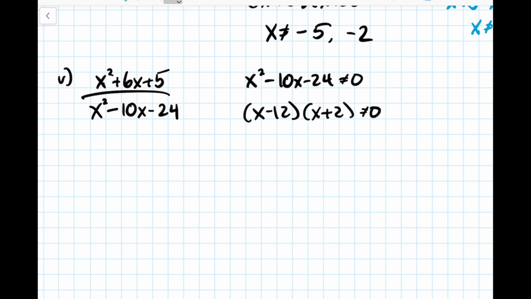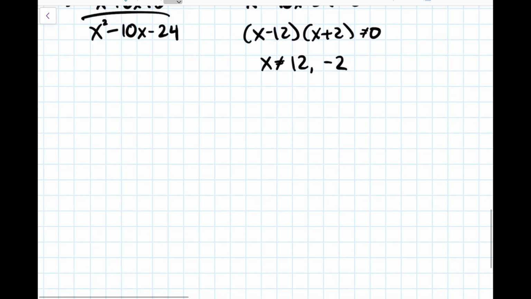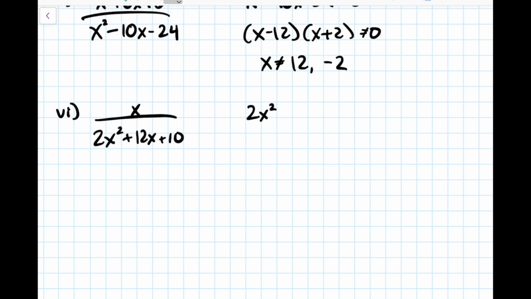So we got x minus 12 times x plus 2, which gets us that x cannot be positive 12 or negative 2. And so really, it's just factoring and solving every single time, every single question. So you're going to be doing this so often, which means your factoring will get lots of practice, but it also means that if you're not up to date with it, you're going to really struggle.